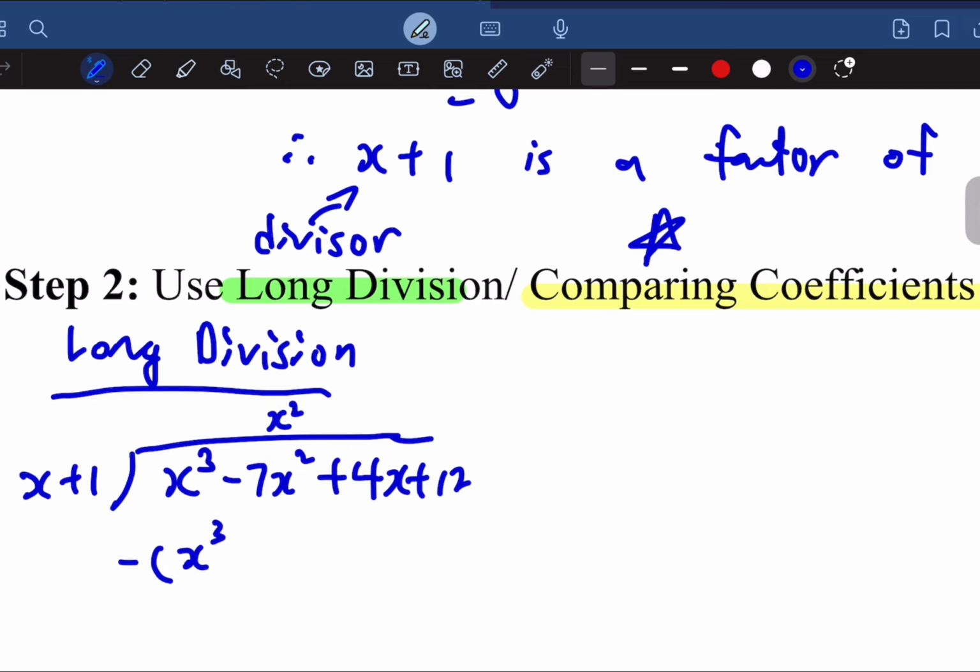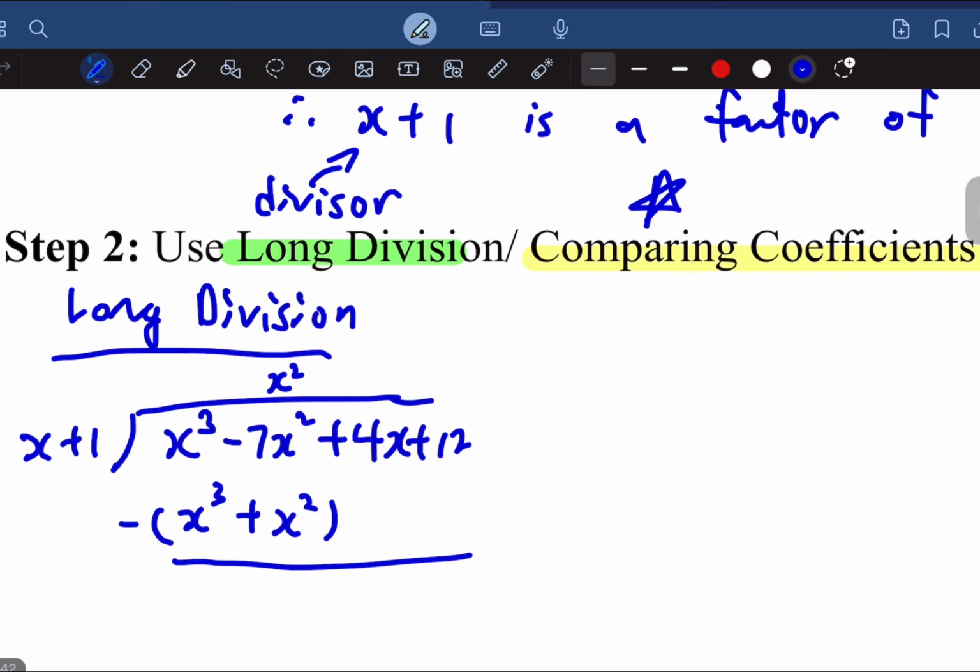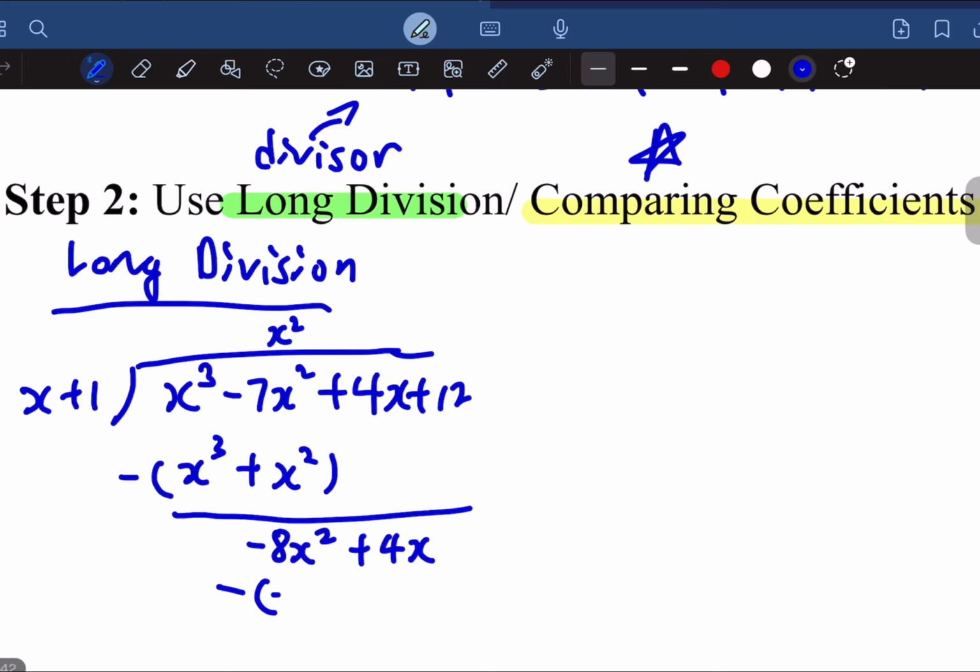So x cubed plus x squared. Then after that, negative 7x squared minus x squared, I have negative 8x squared plus 4x. I want to remove negative 8x squared, so here should be negative, so negative 8x squared minus negative 8x squared, I have 0.